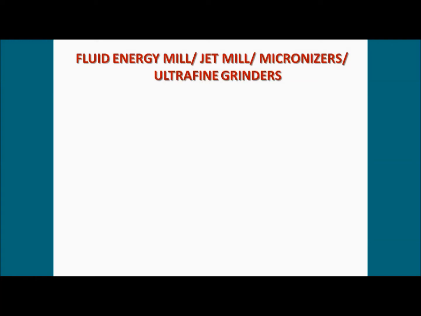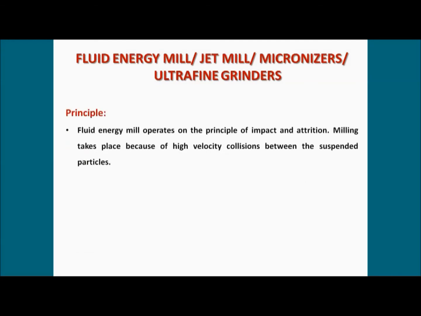The next type of machine is also known as the fluid energy mill. It is also sometimes known as the jet mill, sometimes as a micronizer, and sometimes as ultrafine grinders. It has numerous names. So the principle of the fluid energy mill is simple. It operates on the principle of impact as well as attrition, right?